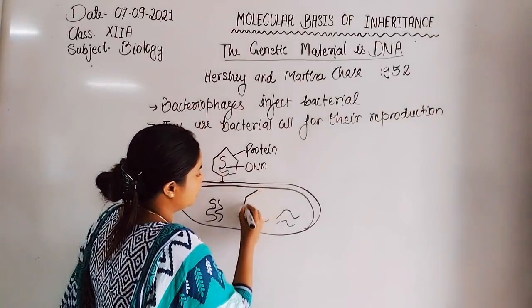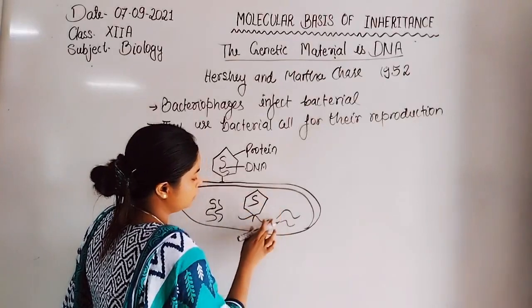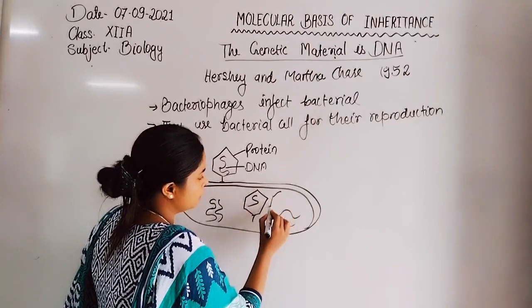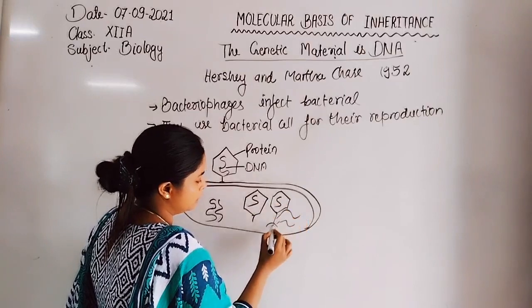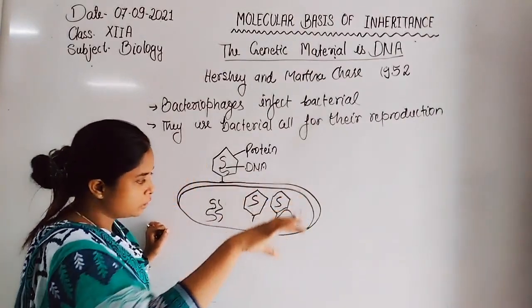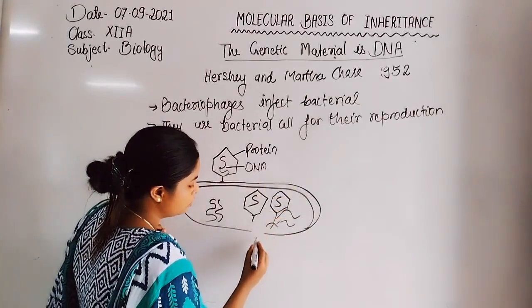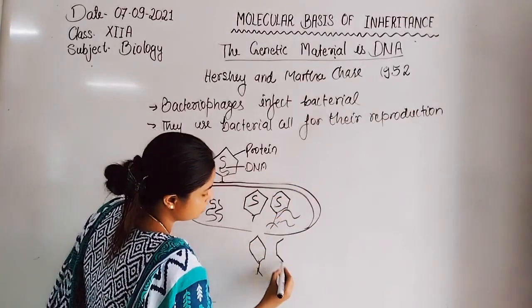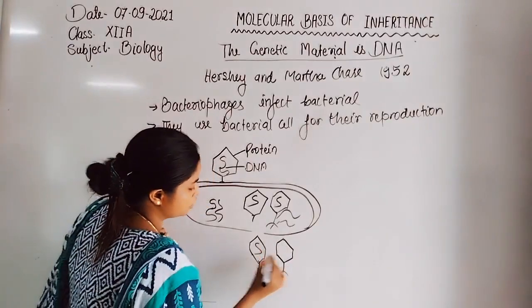These proteins aggregate around the genetic material, and thus they form the virus, and after the cell bursts, all these viruses are released from the cell. So here is the whole mechanism of infection.